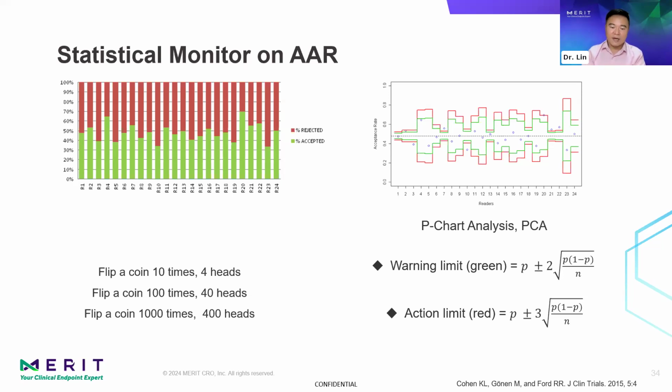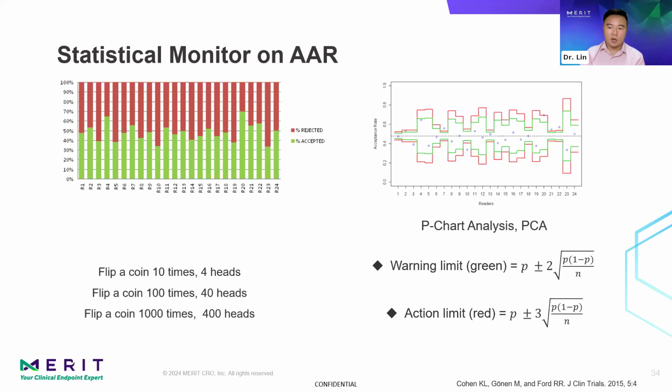The sample size n, which is the denominator in the AAR, is crucial. The smaller the sample size, the larger the standard deviation, which is the sigma, and the wider the range around 50%. Conversely, the larger the sample size, the smaller the sigma and the narrower the range around 50%.